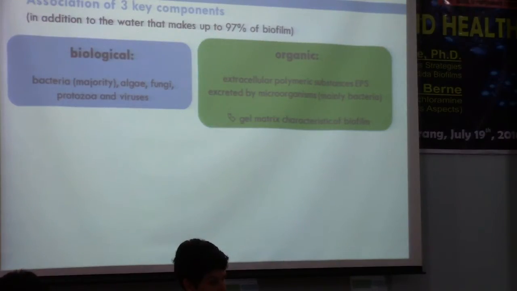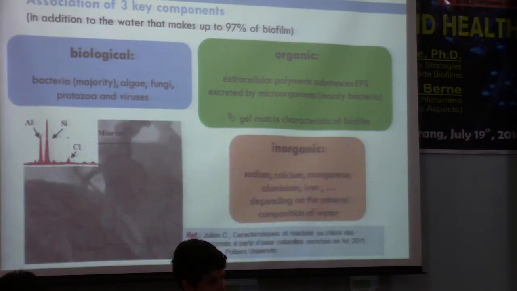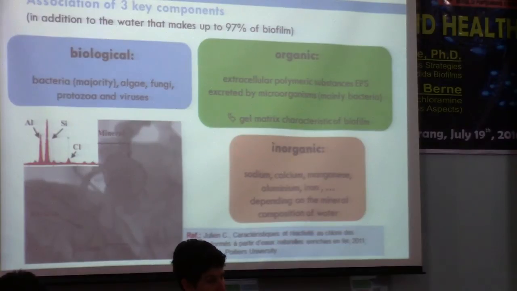This matrix gives mechanical and chemical structure to the biofilm and protects microorganisms from the oxidant, for example. There are also mineral, inorganic components. Depending on the composition of the water, we can find calcium, iron, aluminum, for example.